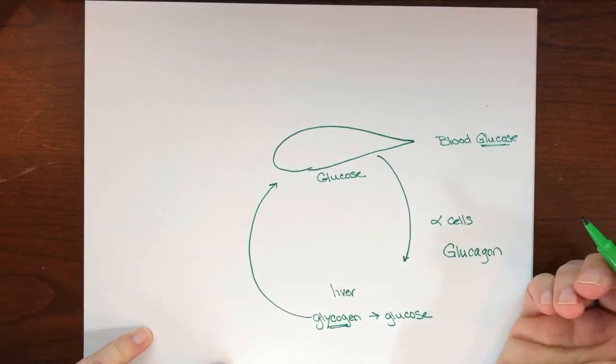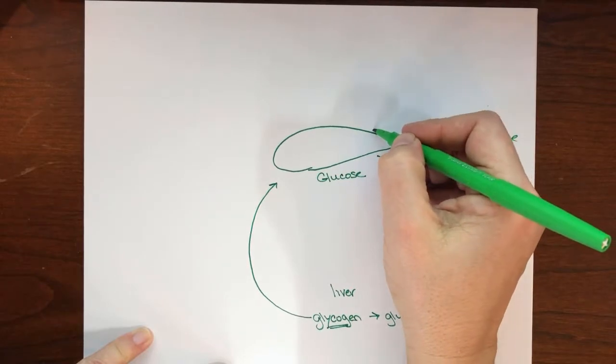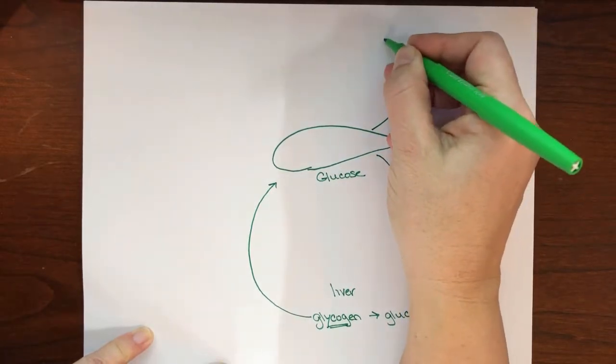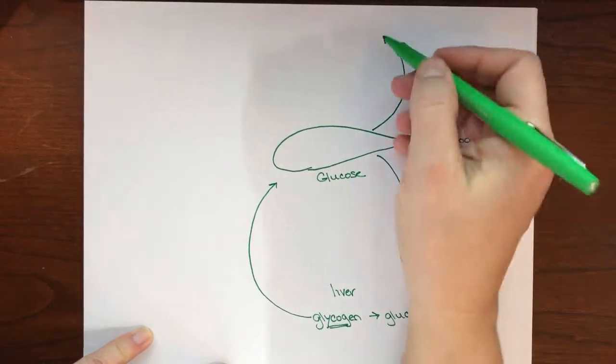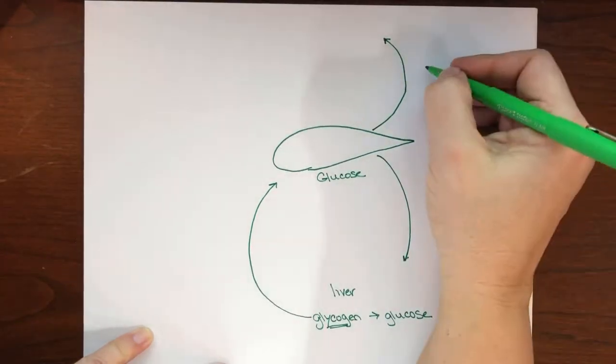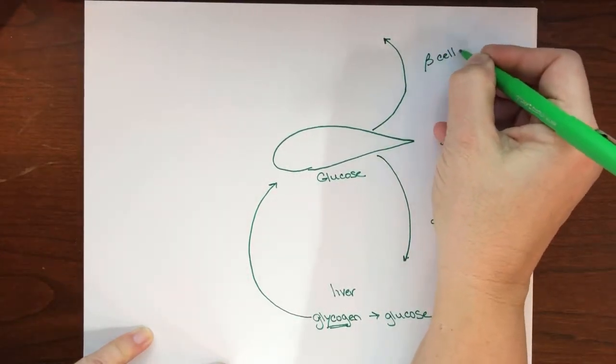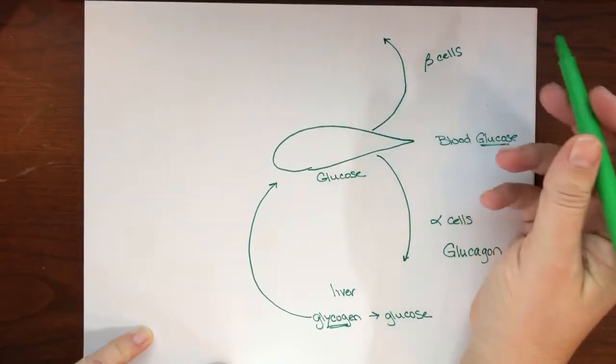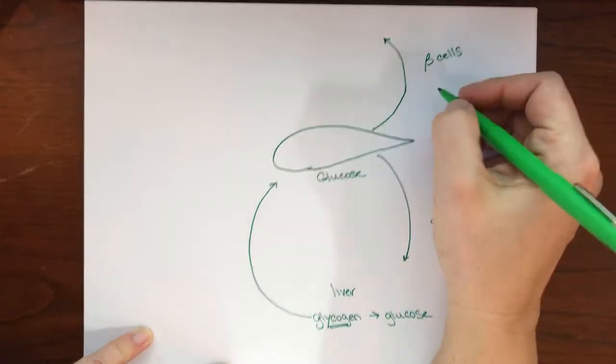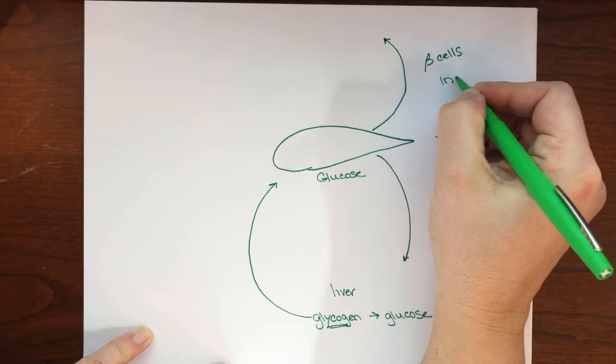However, say you had a big meal, and all of a sudden your blood glucose level starts to go up. So we have increasing blood glucose levels. The beta cells in the pancreas sense that the blood glucose level is going up, and they're going to release a hormone called insulin.